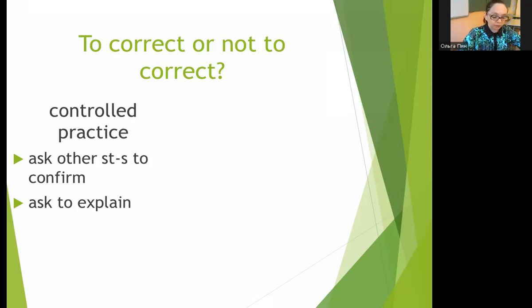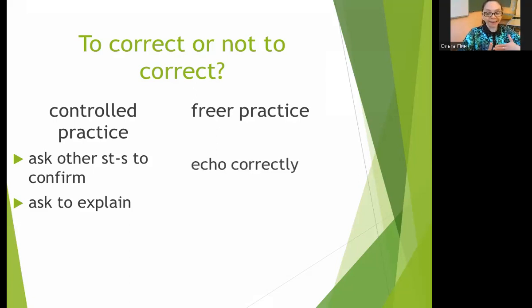Believe me, fairly often, when the students start to seek for the explanation, they realize that their answer was wrong. If it's freer practice, the only way of immediate correction you can allow yourself is to echo correctly, not breaking up the communicative context. For example, your student says, yesterday I go to the cinema.